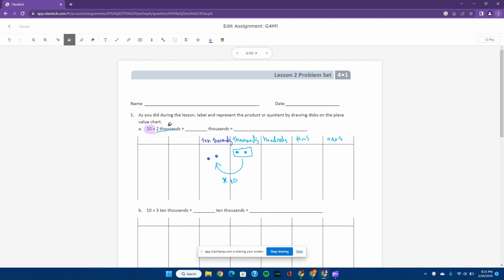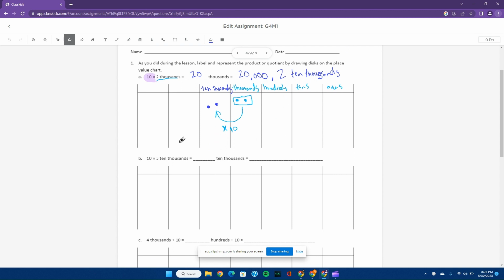Okay, so 10 times 2,000 is equal to 20 thousands, or 20,000, which would be 2 10,000s. They represent the same amount.